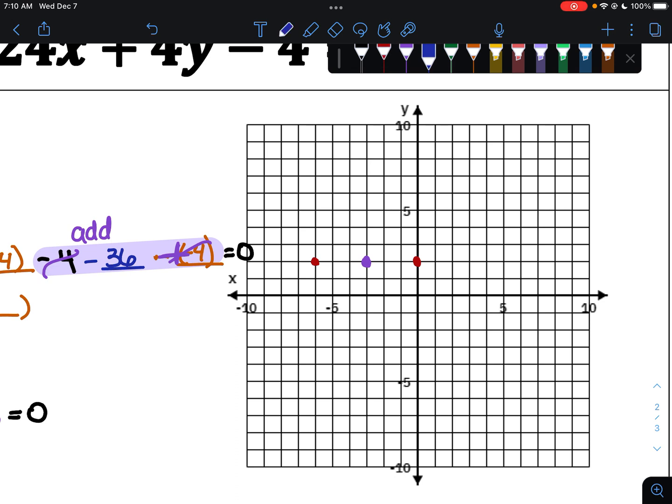And then my second denominator tells me that I go up 6 and down 6. That gives me the information I need to build the rectangle so I know where my asymptotes are.